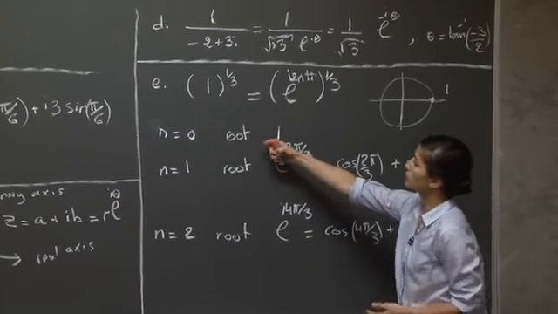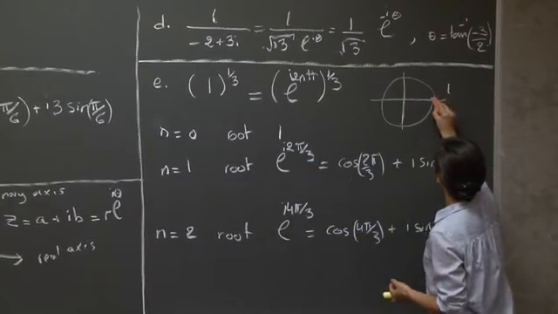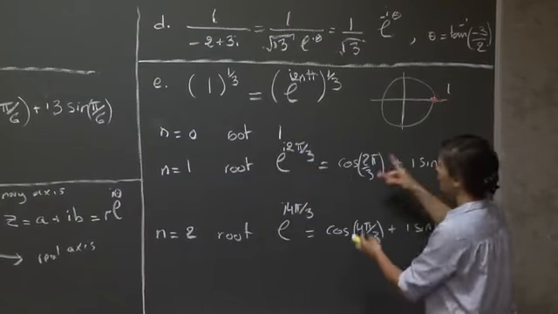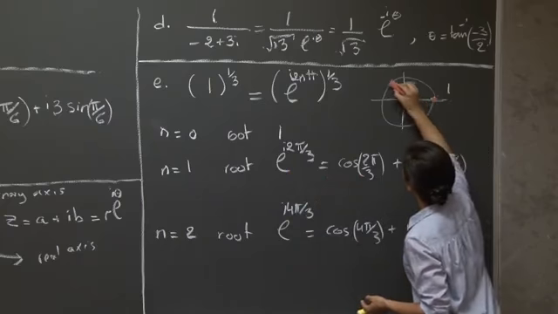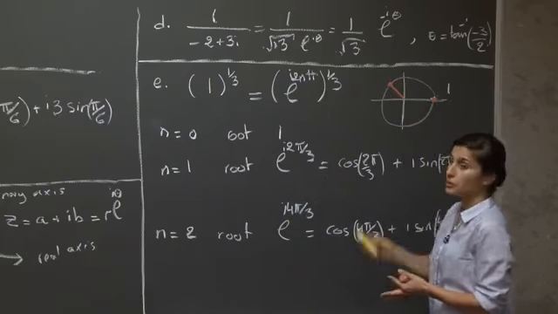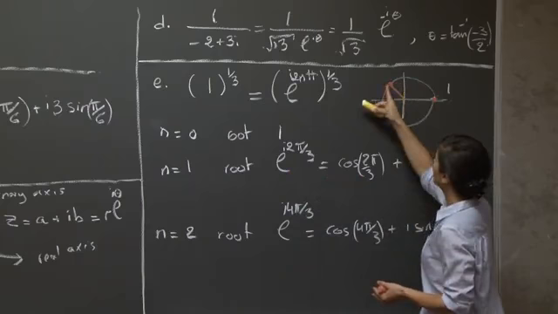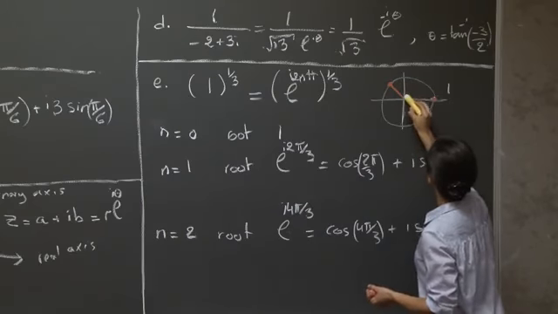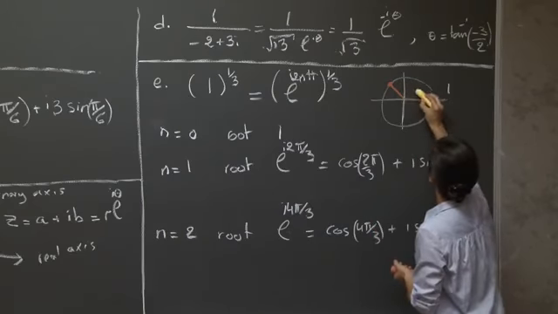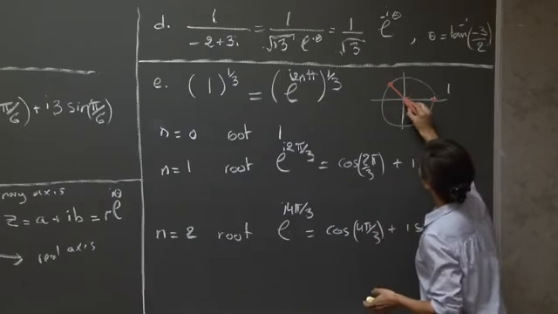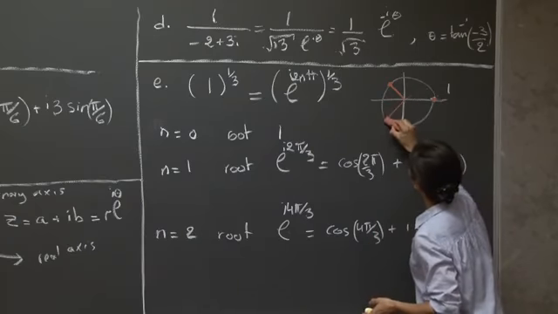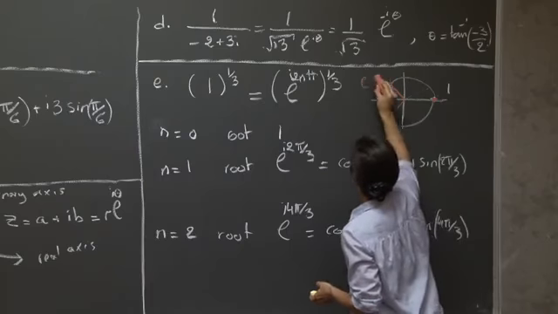So where do these roots lie? We have root 1 for n equals 0. The second root, exponential of 2 pi i over 3, in polar form, would be here, where we would have the angle 2 pi over 3. And here, okay, so pi over 3 would be here, 2 pi over 3 would be here, 3 pi over 3 would be here, and 4 pi over 3, our third root, would be here.